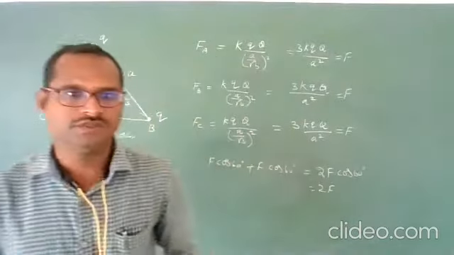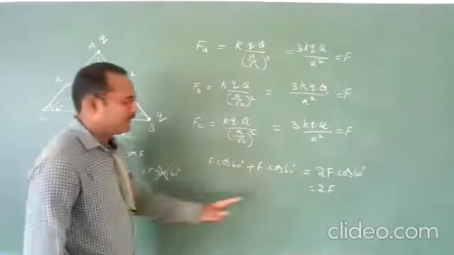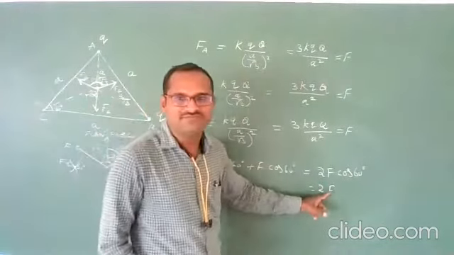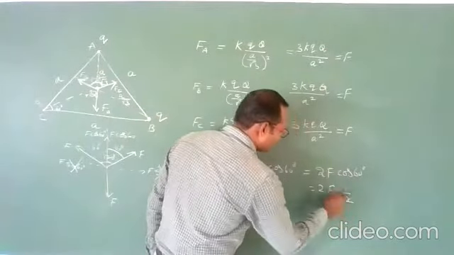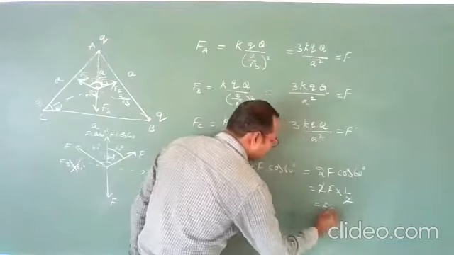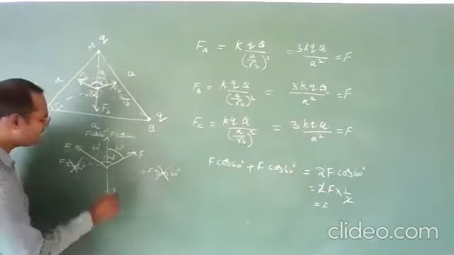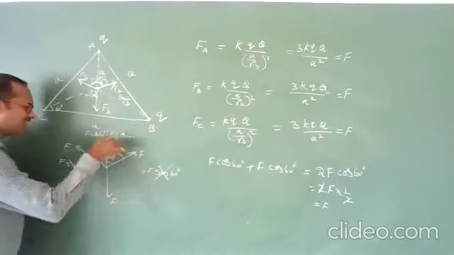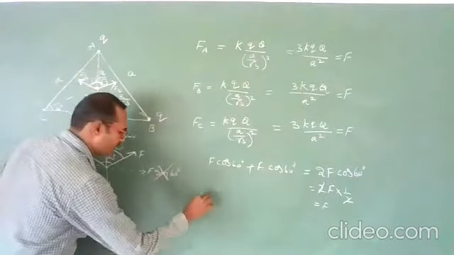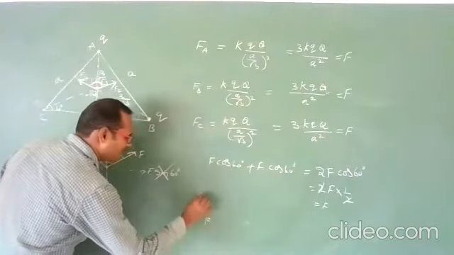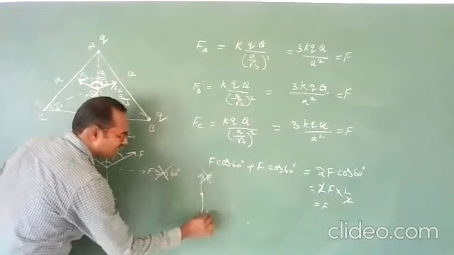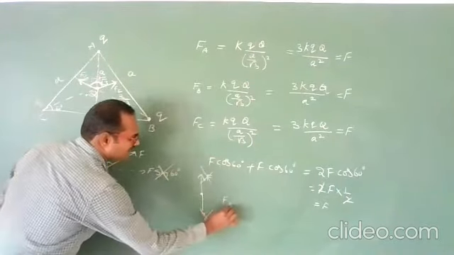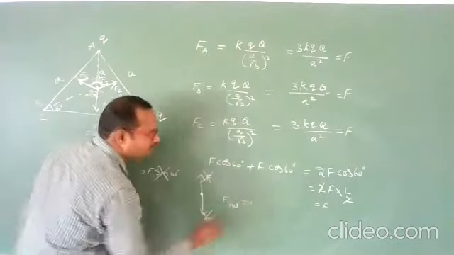Let us continue. So here it is 2F cos 60, and cos 60 value is 1 by 2, so the 1 by 2 and 2 cancel. The value is F. Along the vertical line, the force is F. At this point, one force is downward F and another force upward is also F. Both forces will cancel each other. So net force is again 0.